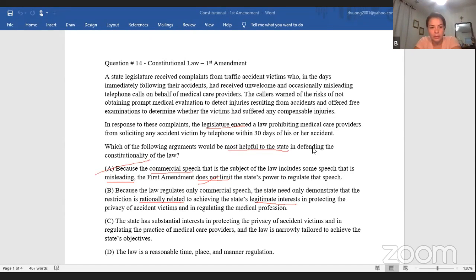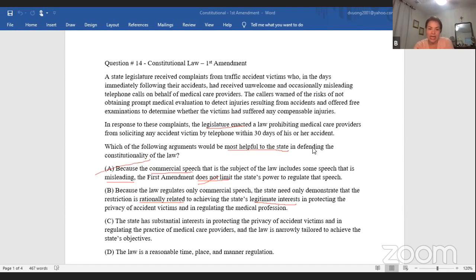I'm going to read B again. B, because the law regulates only commercial speech, the state need only demonstrate that the restriction is rationally related to achieving the state's legitimate interest in protecting the privacy of accident victims and in regulating the medical profession. I think that's a true statement. Rationally related to a legitimate interest. I'm going to leave B. I'm not sure if I should strike it, but I'm going to read C. I think I like B.